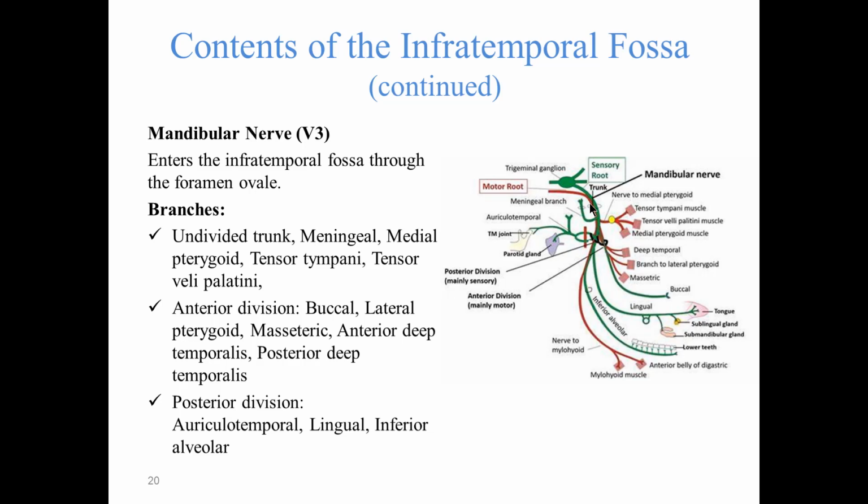The sensory branches supply the teeth of the mandible, and the motor branches innervate the muscles of mastication. In the figure, you can see the division of the mandibular nerve.